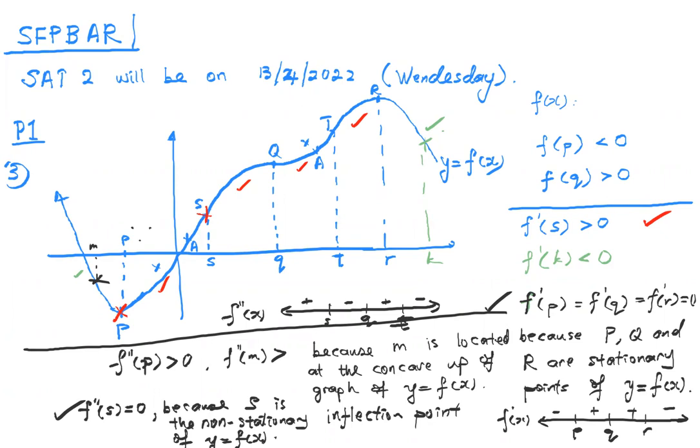Okay, it's about practice 1 question 4. I don't know how to get the highlighted one. Okay, let's go to my practice. Question 4. Okay, still in practice 1, question 4.